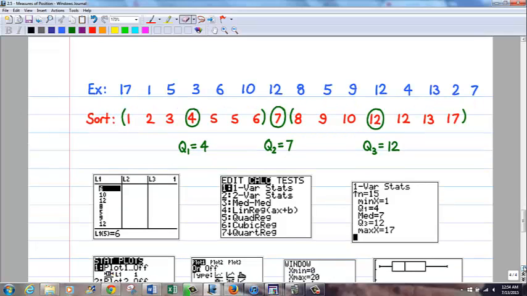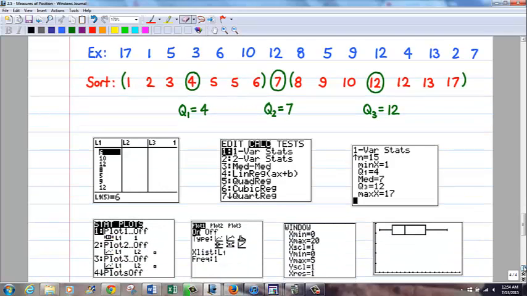And it looks like we have another example. I just showed the commands to do the plot for the box and whisker. But frankly, you don't really need to do that, because all you got to do is, if you want to use the calculator, get to this part right over here, where you get the 5-number summary like we've done.